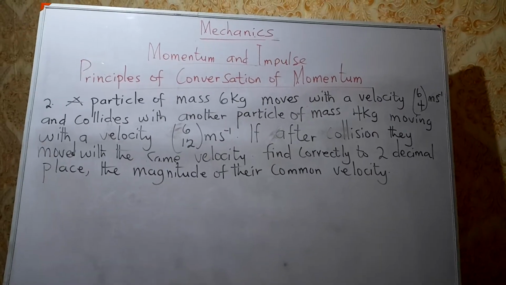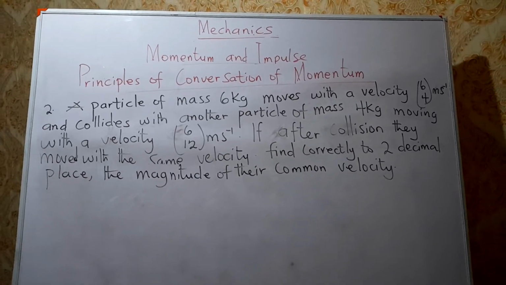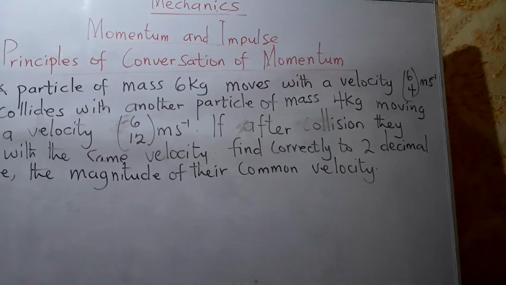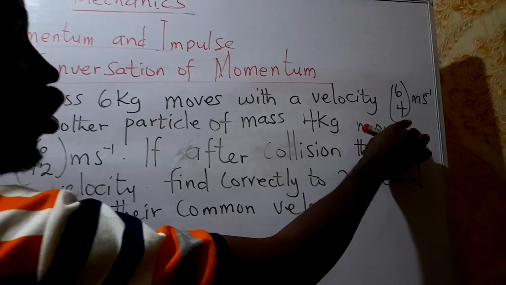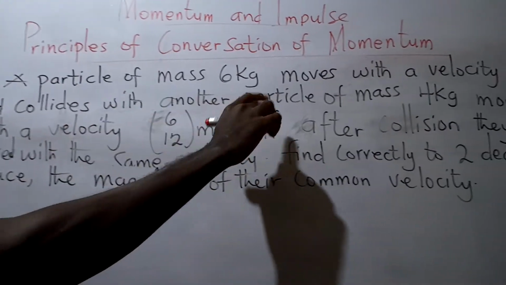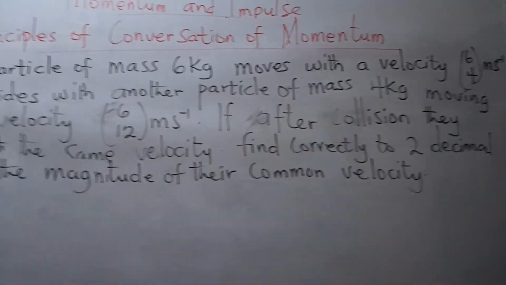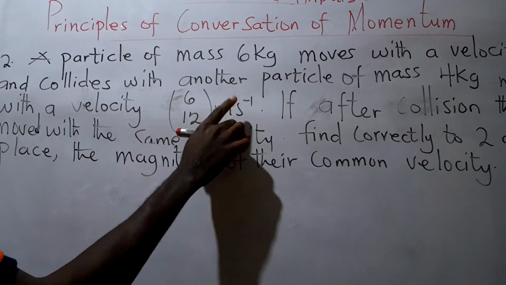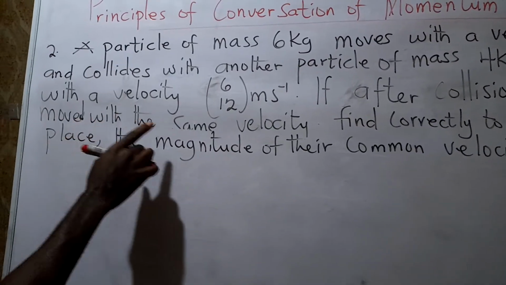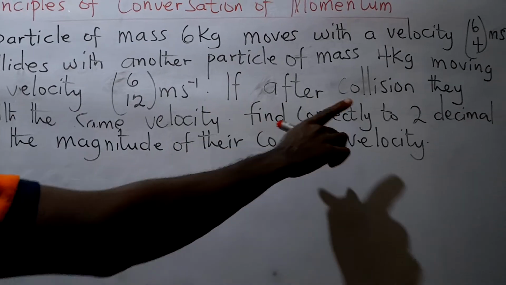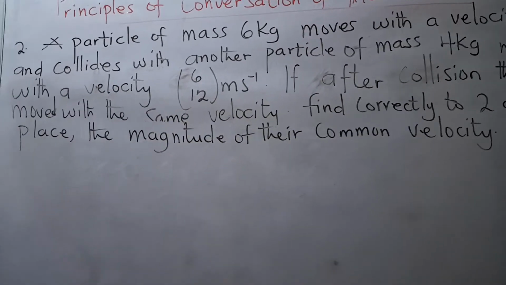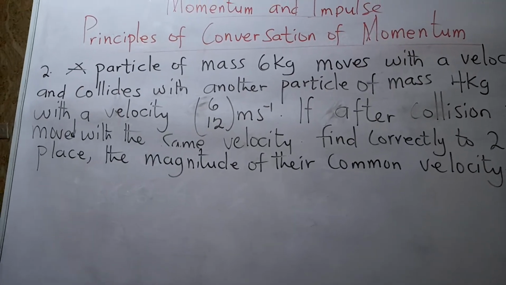So now let's look at our second question on principles of conservation of momentum. It says a particle of mass 6 kg moves with a velocity of 4 meters per second, in vector form, and collides with another particle of mass 4 kg moving with a velocity of 12 meters per second. If after collision they move with the same velocity, find correctly to 2 decimal places the magnitude of their common velocity. So let's put this into perspective again.